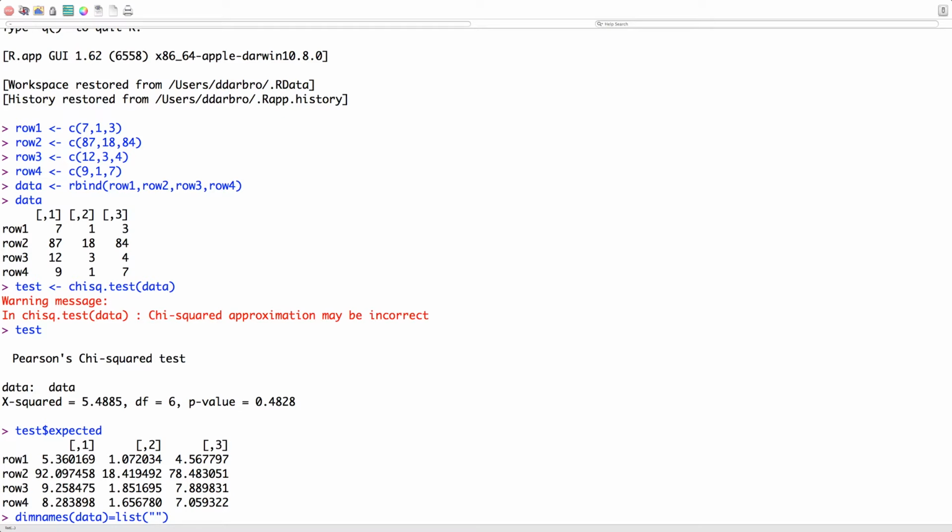So I can do smoking equals the list of heavy, never, occasional, and regular.